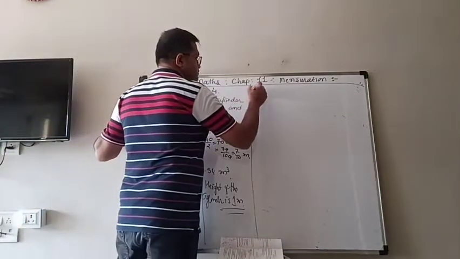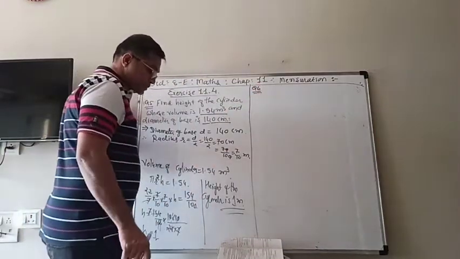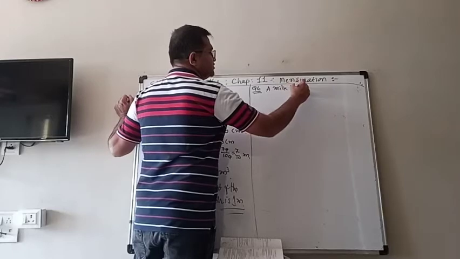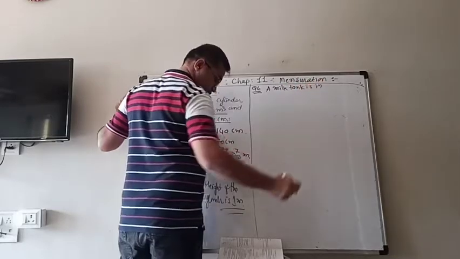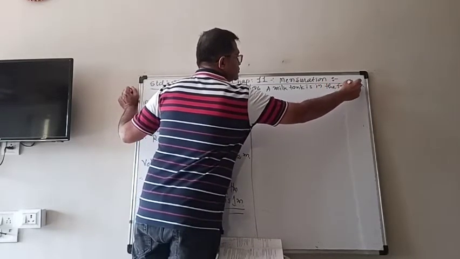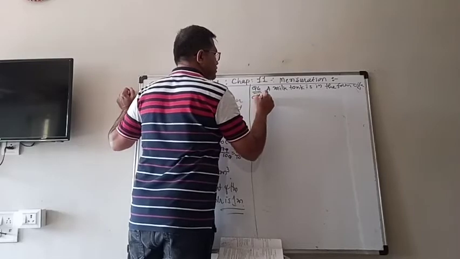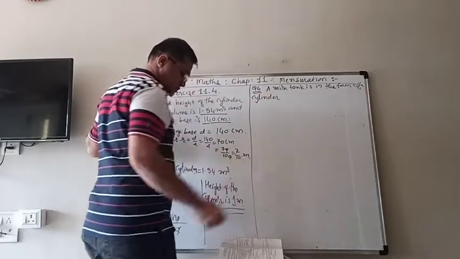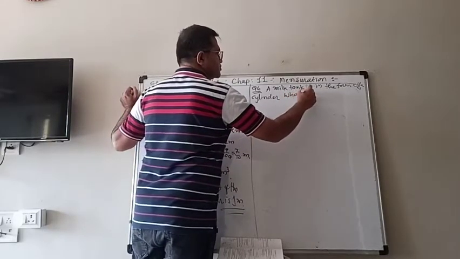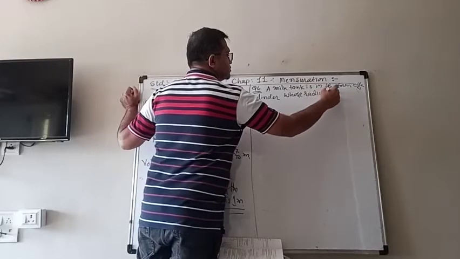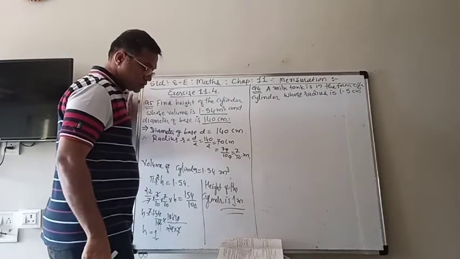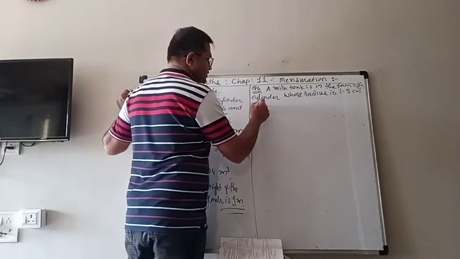Question 6. A milk tank is in the form of cylinder whose radius is 1.5 meter and length is 7 meter.